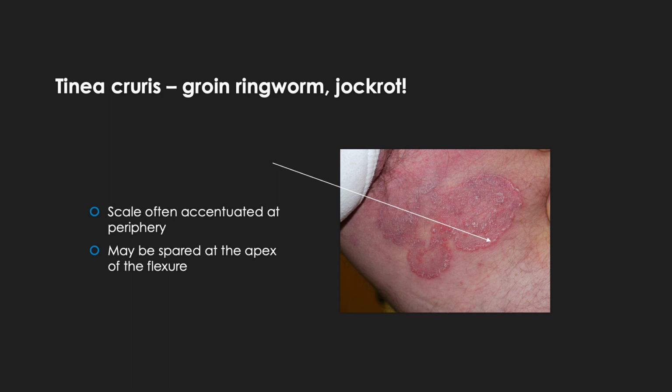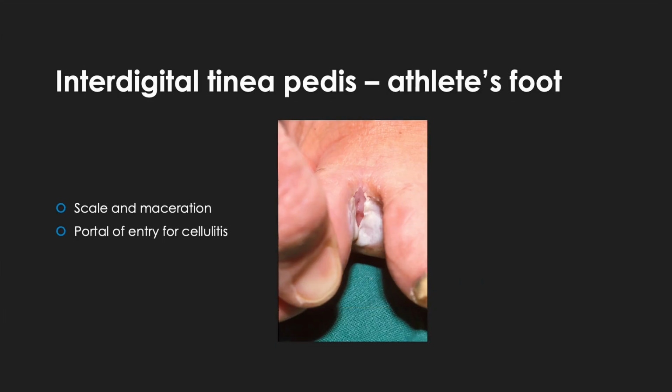Here's another example of dermatophyte infection. This is Tinea cruris, affecting the groin, sometimes called jock rot. The scale is often accentuated towards the periphery on the thigh, and it may be spared at the apex of the flexure. Here's a very common pattern of dermatophyte infection.